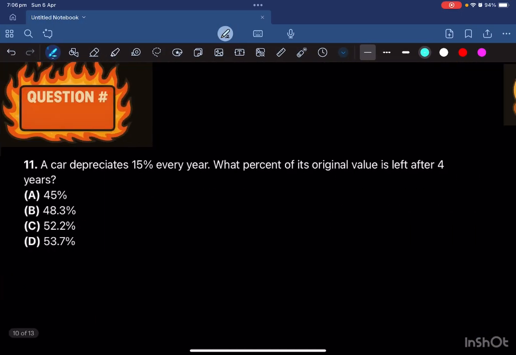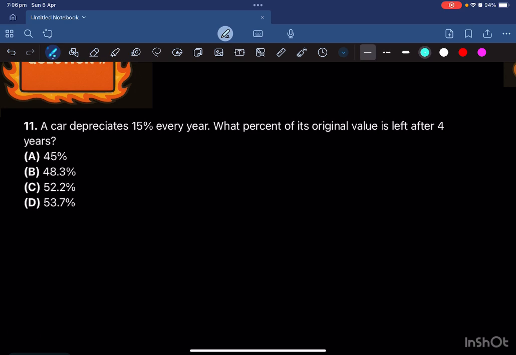So let's see another question. Another depreciation question. A car depreciates 15% every year. What percent of the original value is left after 4 years? Very nice question.